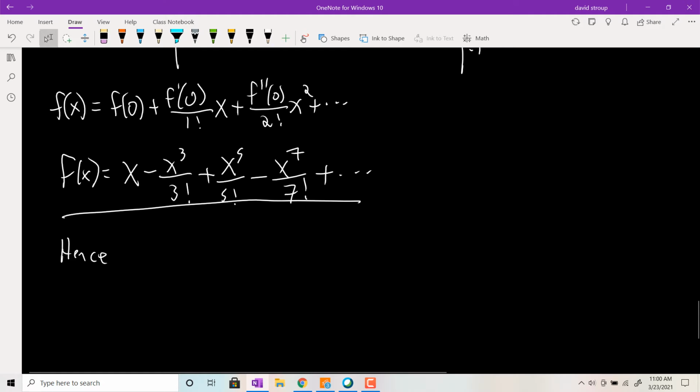In order to show that the sequence of polynomials is actually equal to the function it's representing, we have theorem 9.23, I believe.